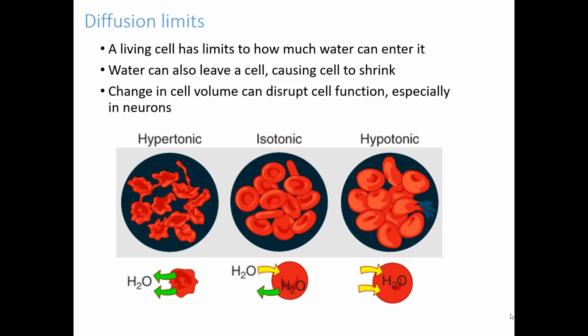A third condition, a third term, is called hypotonic. In a hypotonic solution, the outside of the cell has a greater water concentration than the inside. You know, a person that decides to, for whatever reason, chug a case of water, one bottle after another.